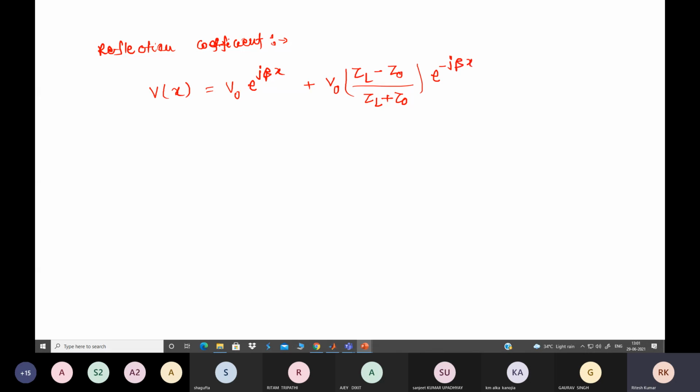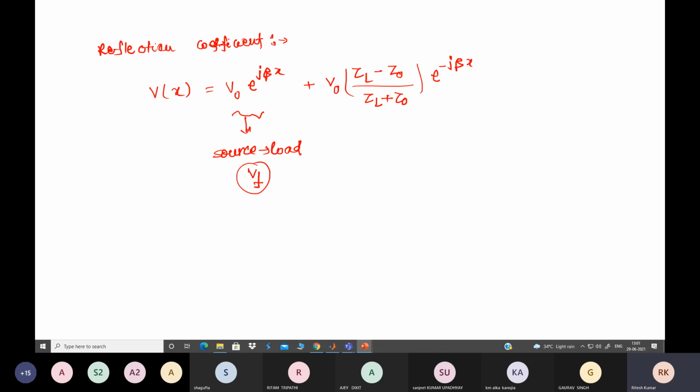This expression we have already derived. This represents what? This is our forward wave, means from source to load, and suppose it is denoted by Vf.